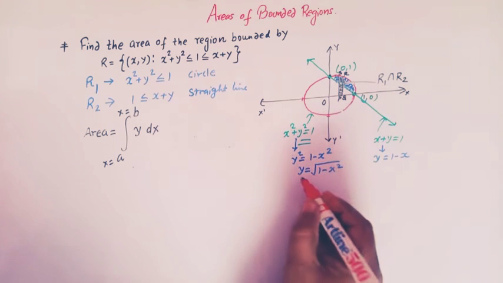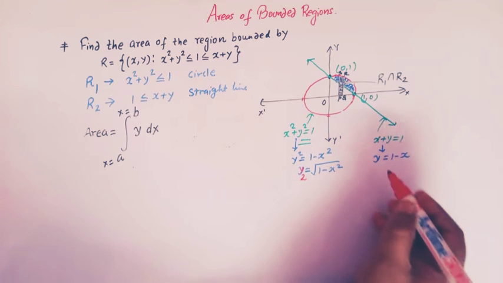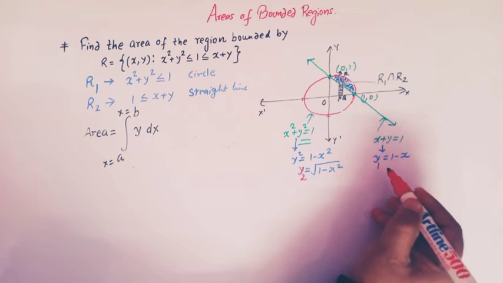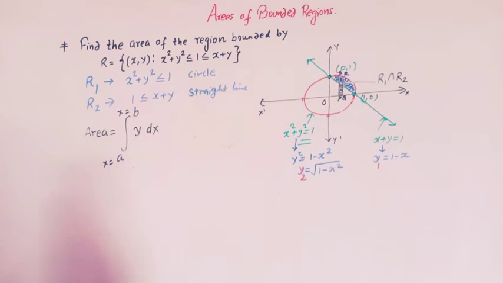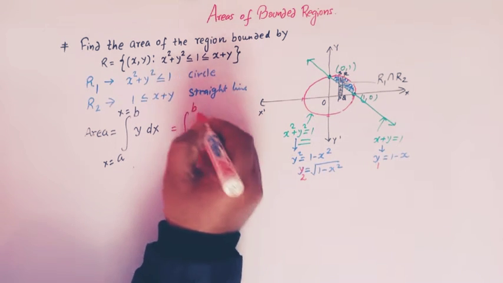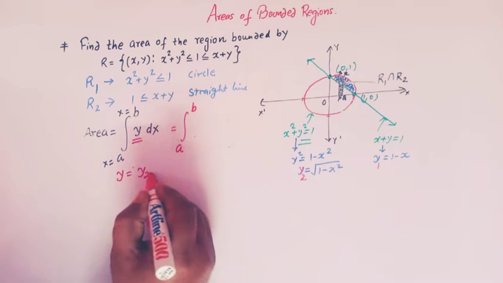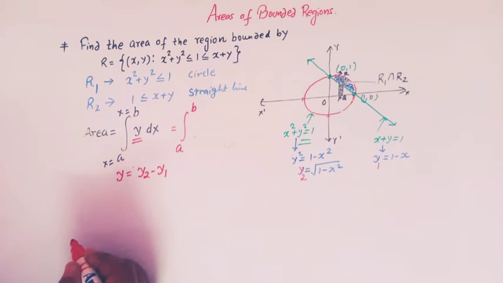So if we denote this y by y2 and this y by y1, then the area bounded between two curves is given by the integral from a to b of y2 minus y1, right?